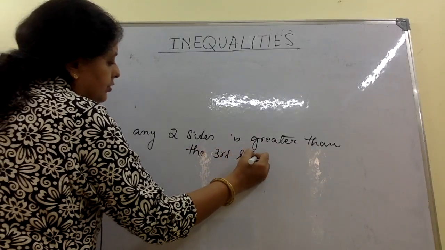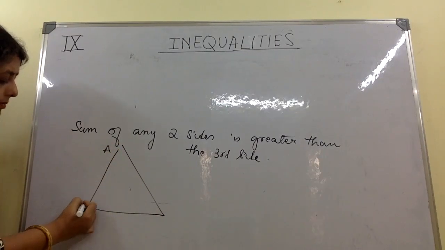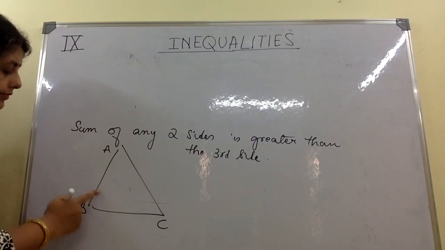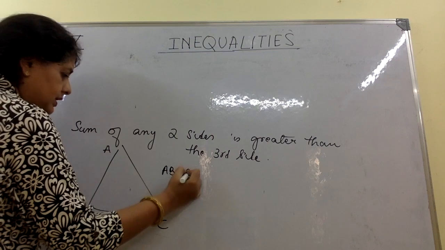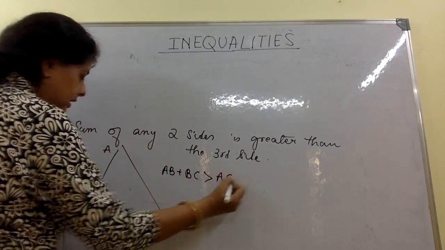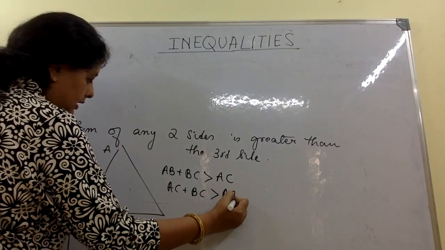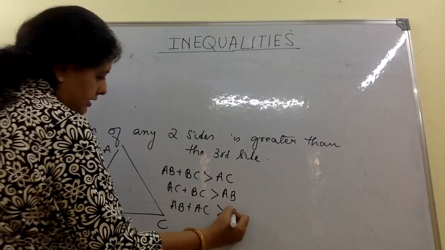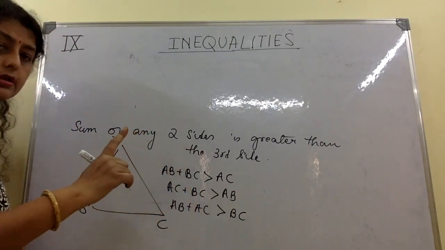If I have triangle ABC, then AB plus BC will be greater than AC. Not just that, AC plus BC will be greater than AB. Not just that, AB plus AC will be greater than BC. Now this is never going to be greater than or equal to.